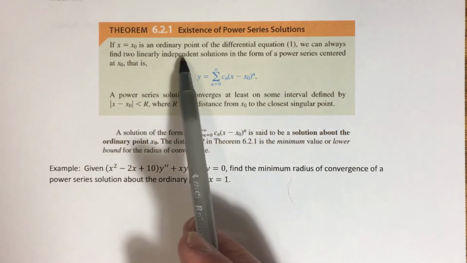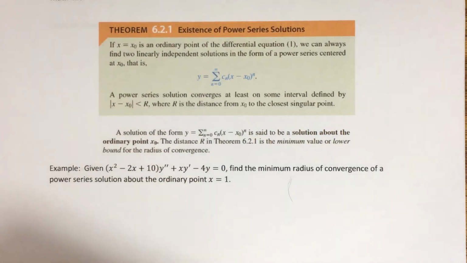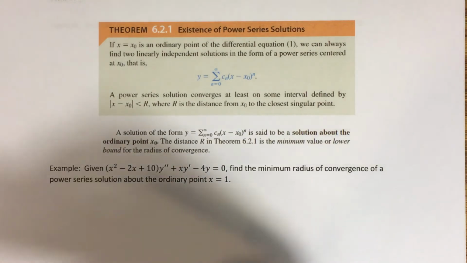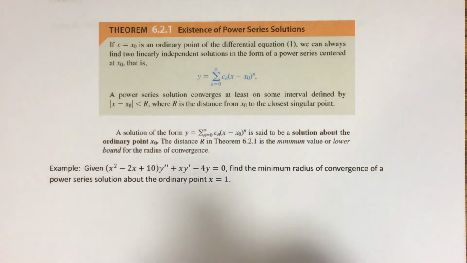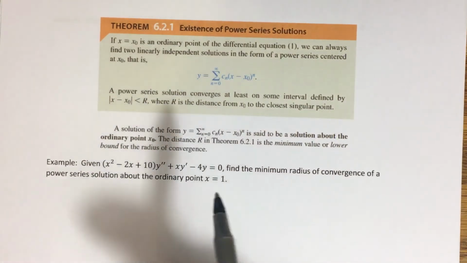The reason the two linearly independent solutions is important is because it's a second order equation. And remember, the general solution to that is going to be a linear combination of two linearly independent solutions, or a fundamental set of solutions.